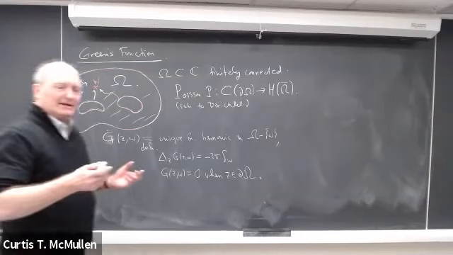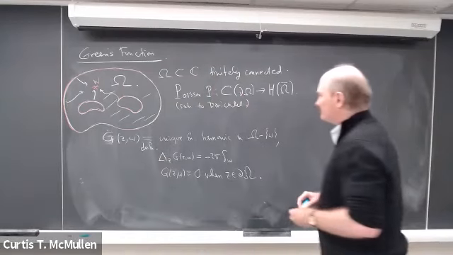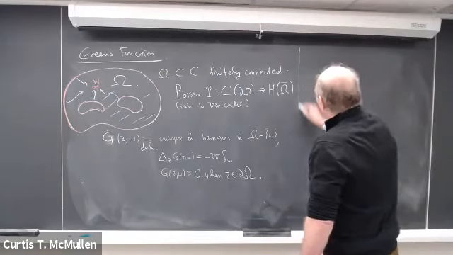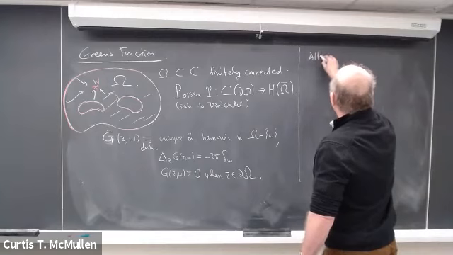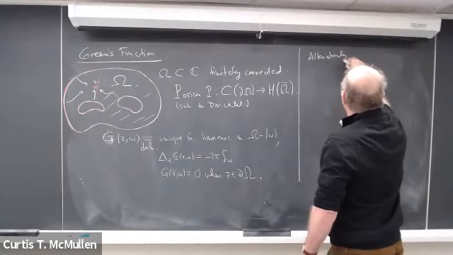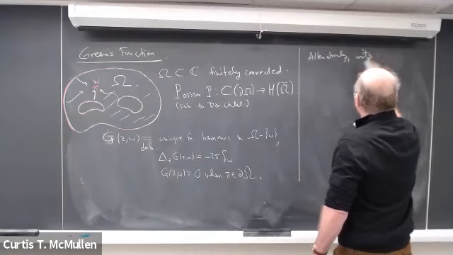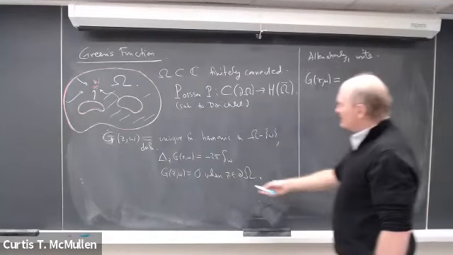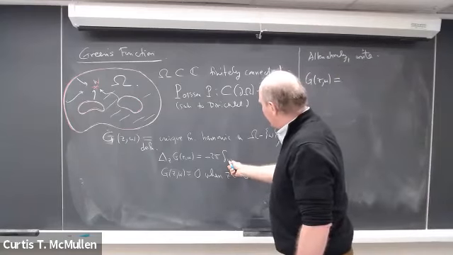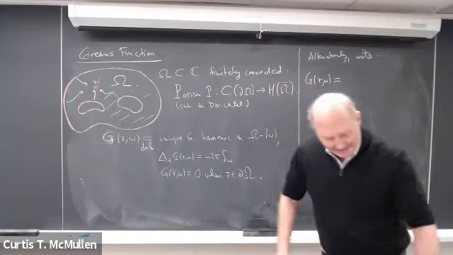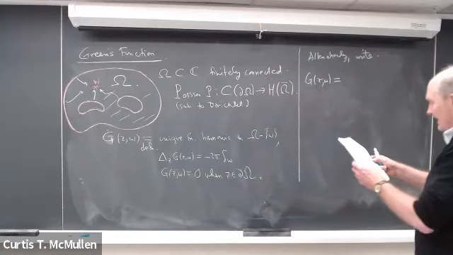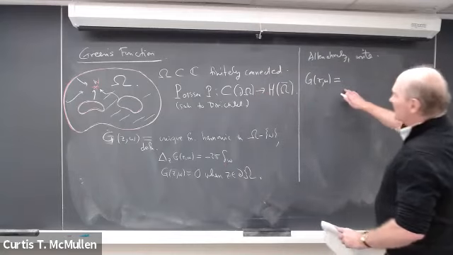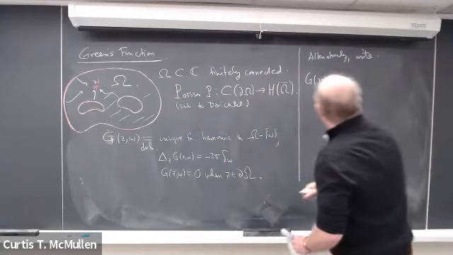Okay, now why does this function exist? So here's a better definition. Alternatively, we write G of Z, W as, and now we want something that has a point charge at W. So the fundamental solution for the Laplacian is given by log absolute value of Z, but we want to have a minus point charge there.